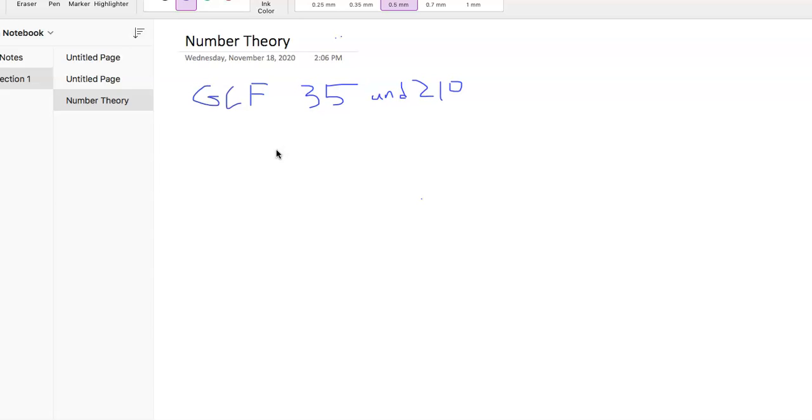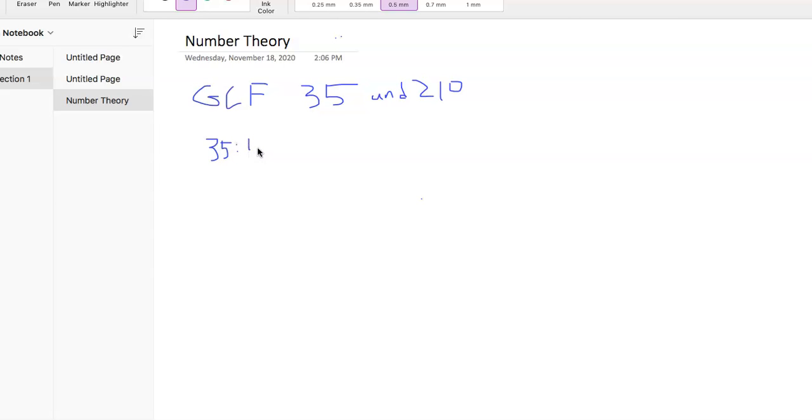If we're trying to find the greatest common factor of two numbers, we need to list the prime factors of each number and then multiply the factors both of those numbers have in common. So let's start with 35. All you really can do is list out the factors, right?